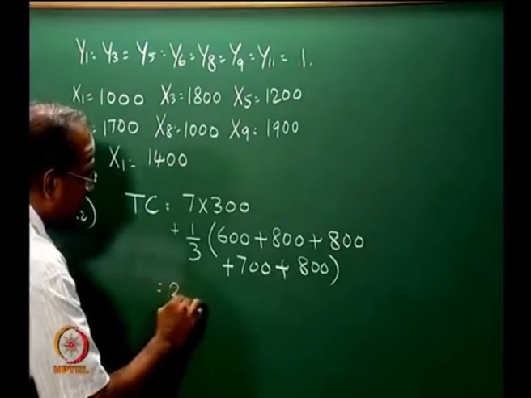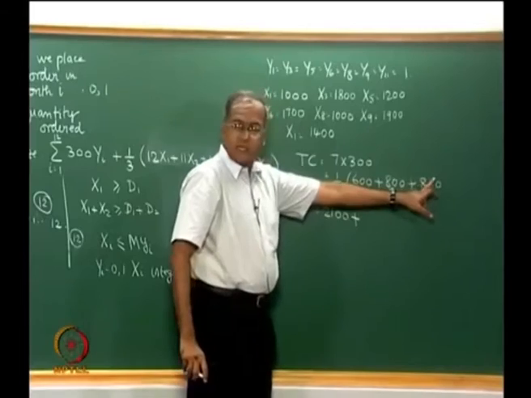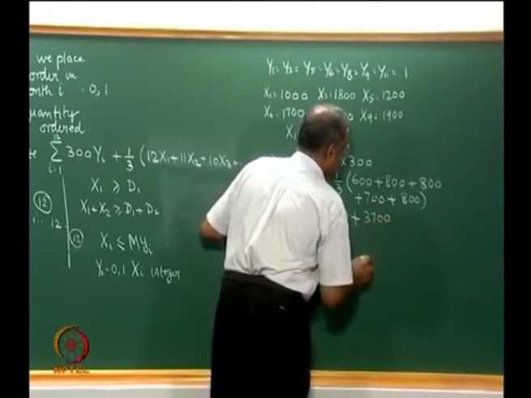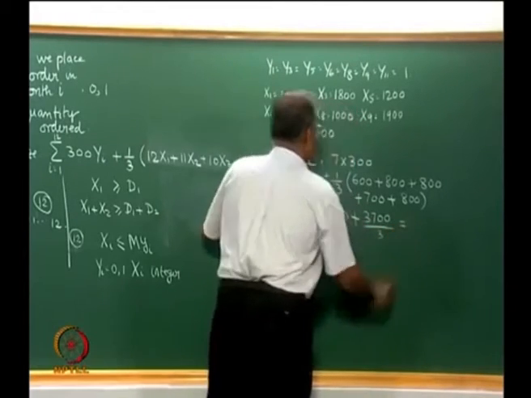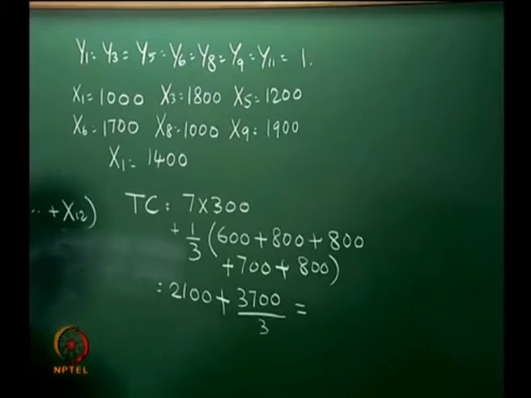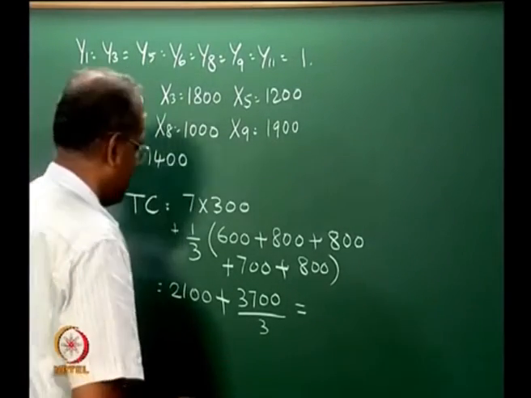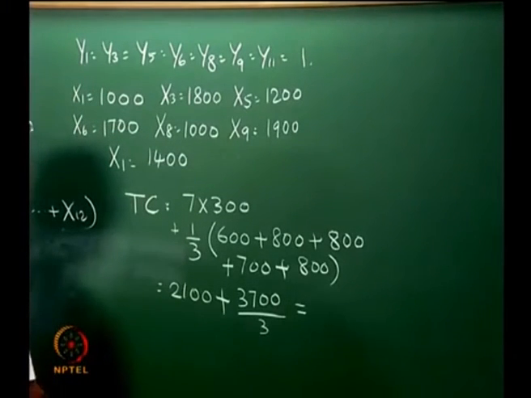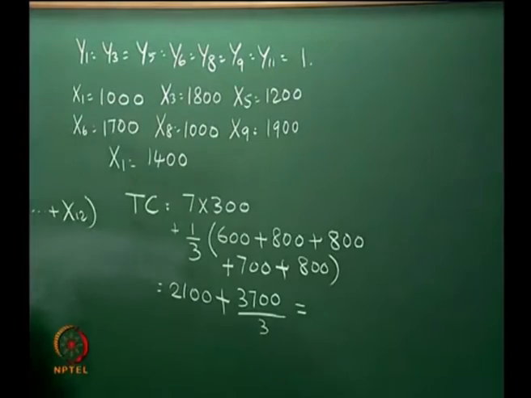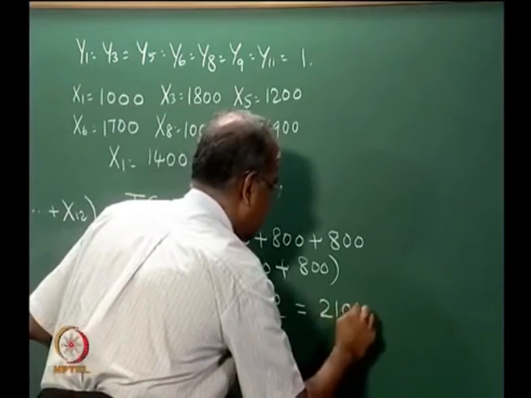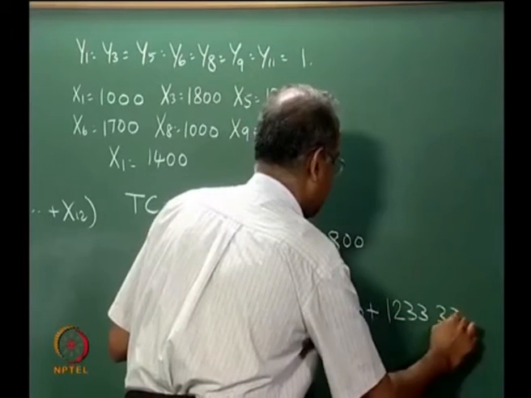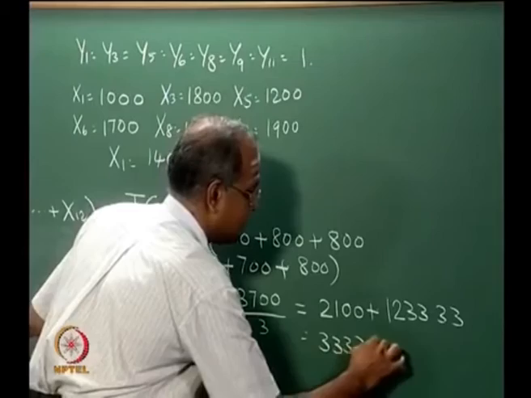So total cost will be 2100 plus 6 plus 8, 14, plus 8, 22, 29, plus 8, 37, 3700 by 3, which is so 2100 plus 1200 and 33.33, which is 3333.33.